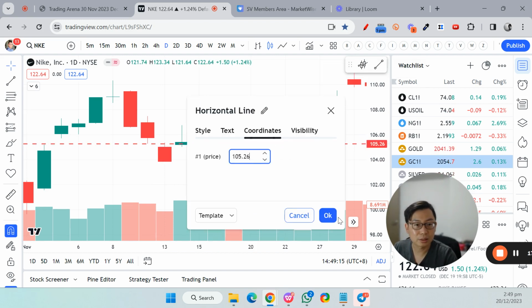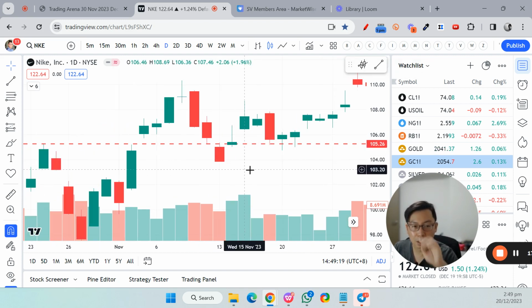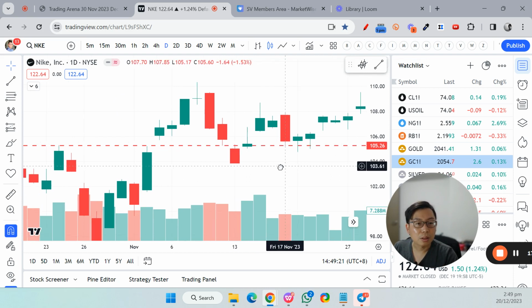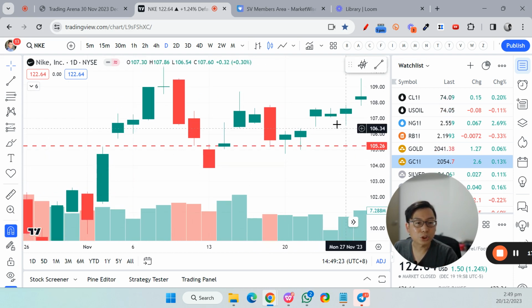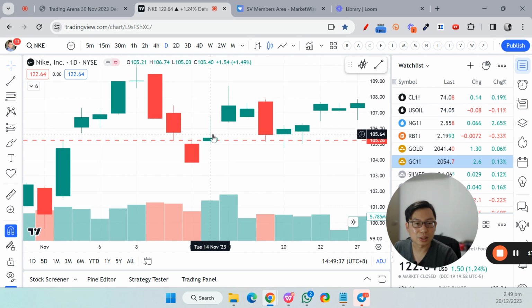I was watching the market, and I entered somewhere around maybe 11:30 or 12:30, that kind of period. So I entered on the day itself before the market closes. You can see that price actually ran up quite a bit on the day itself, but towards the end, price came back down.